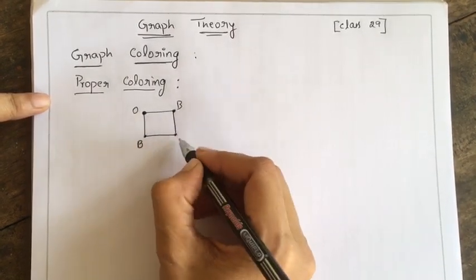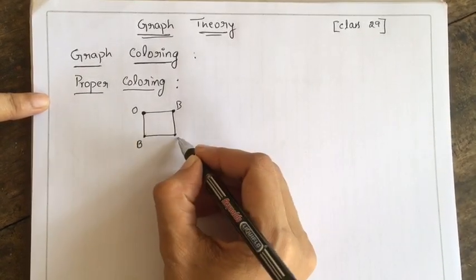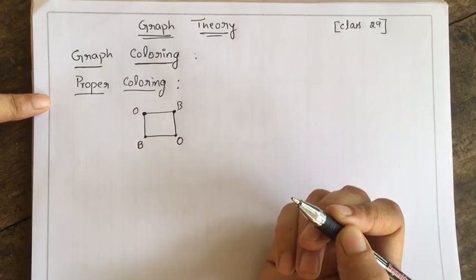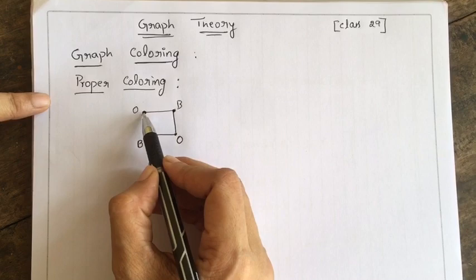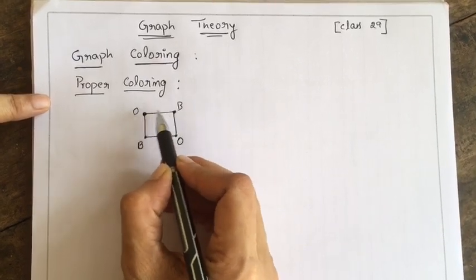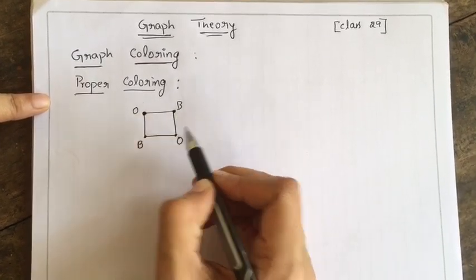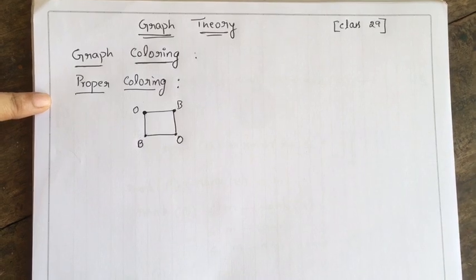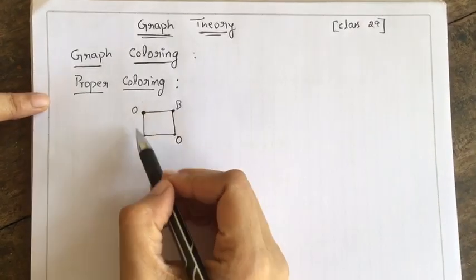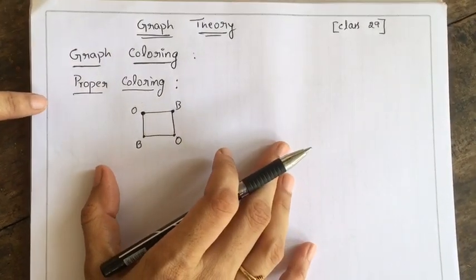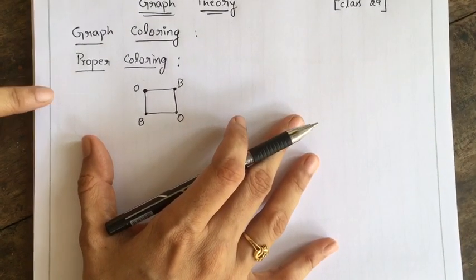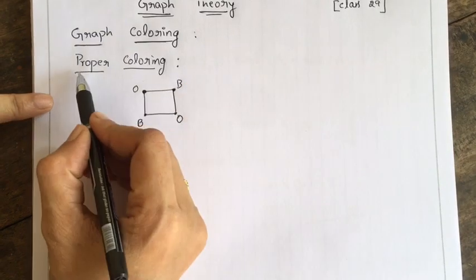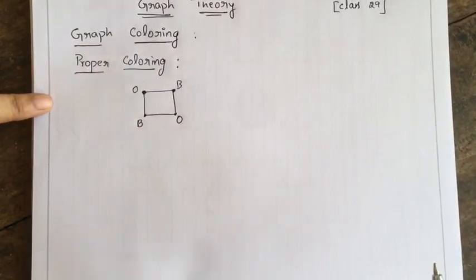Here again this vertex is not adjacent to this and I can give orange to this. So this is nothing but proper coloring. No two adjacent vertices should get the same color. Painting all the vertices of a graph with colors such that no two adjacent vertices have the same color is called proper coloring of a graph.